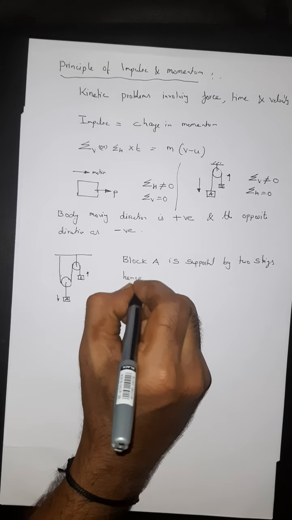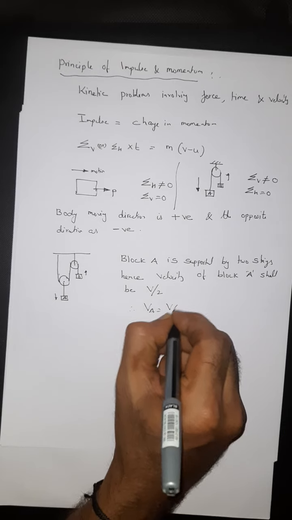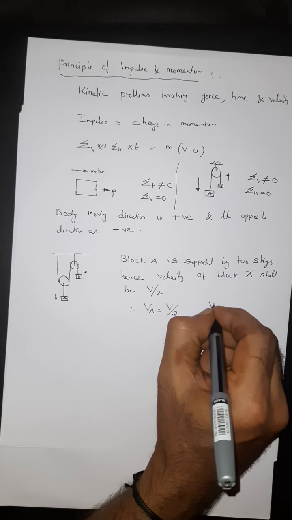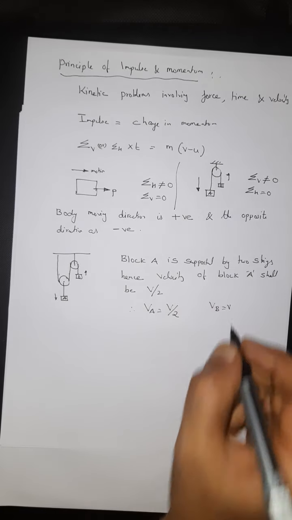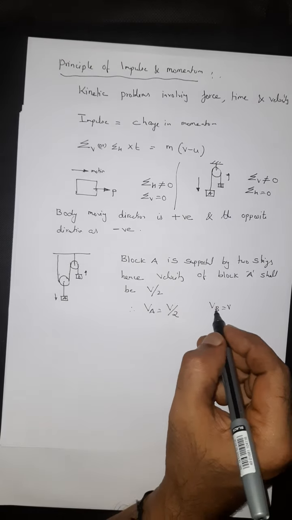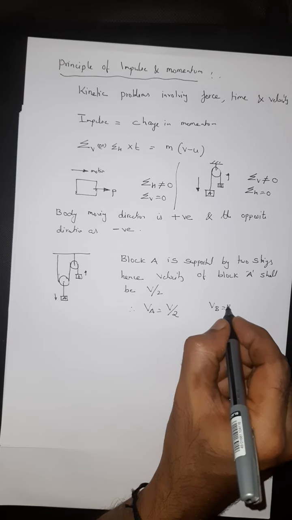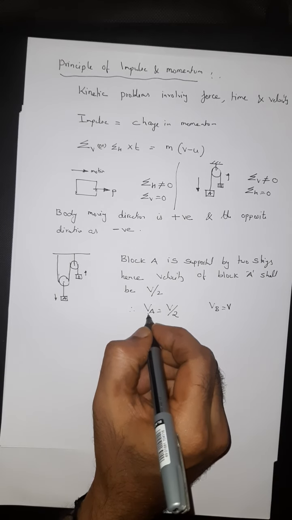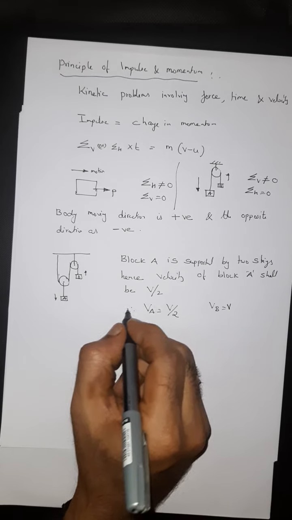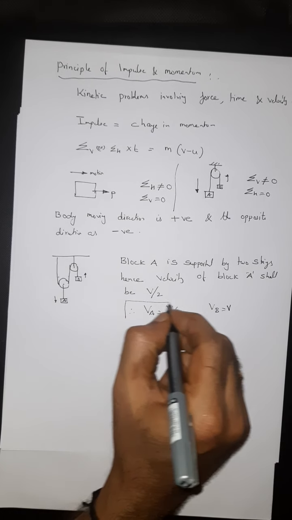In other words, VA equal to V by 2, and the velocity of block B is twice the velocity of block A. So V equal to half V of A, right?